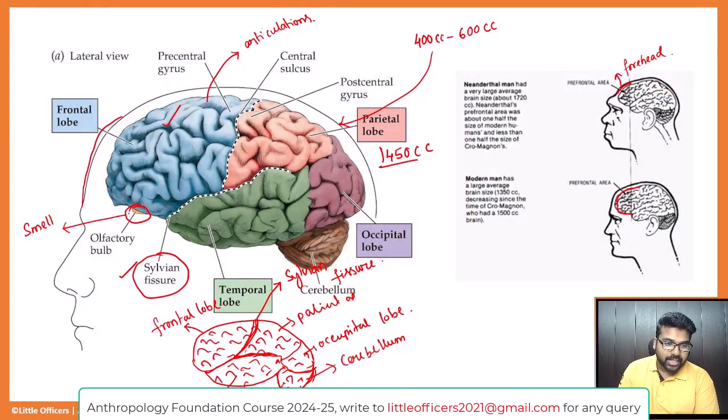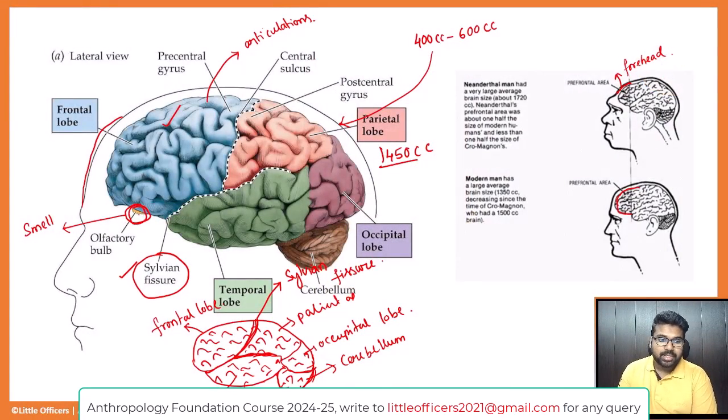Similarly in the brain, if you take the cross section of the brain, see, one more point I forgot to mention, that is the olfactory bulb. This olfactory bulb is the one which senses smell.